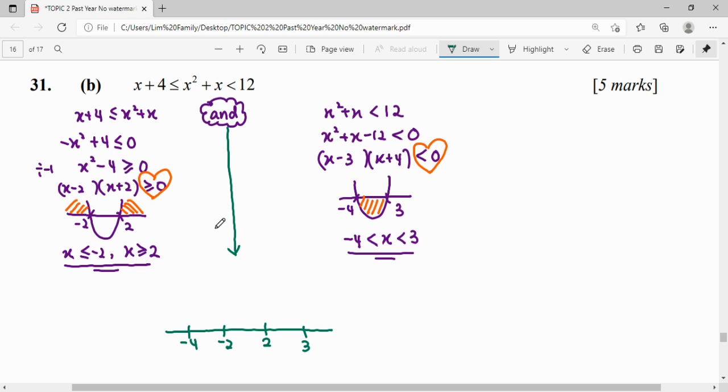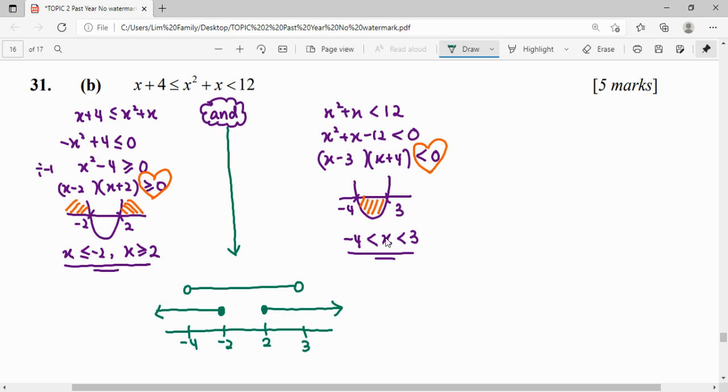For the left hand side, x is less than or equal to -2, which I draw to the left, and x greater than or equal to 2, which I draw to the right. This is my answer from the left hand side. I draw it at the same level because it indicates they come from the same source. On another level, I draw the interval from the right hand side, which is -4 not included until 3 not included.